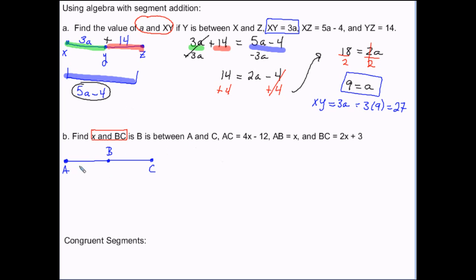Okay, so we have B is between A and C. AC, so that's the whole thing. So from here to here is 4x minus 12. AB, that's this little piece right here, is x. And BC, this is that piece here, is 2x plus 3. Okay, so we'll do the color labeling again, if that helps.